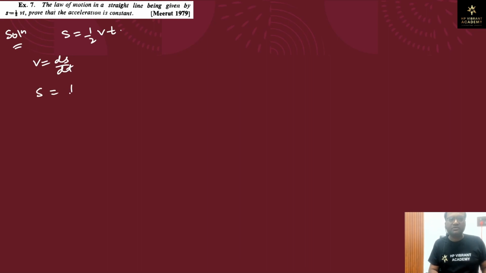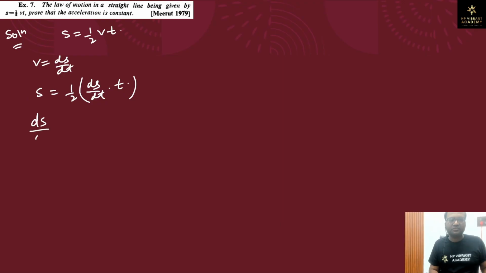Okay, let us discuss question number 7. How we can solve this? A law of motion in a straight line being given by s is equal to half v into t. Prove that the acceleration is constant. So we can write v is equal to ds upon dt. So we have s is equal to half into ds upon dt into t. Okay, so let us differentiate this once more for getting the velocity.